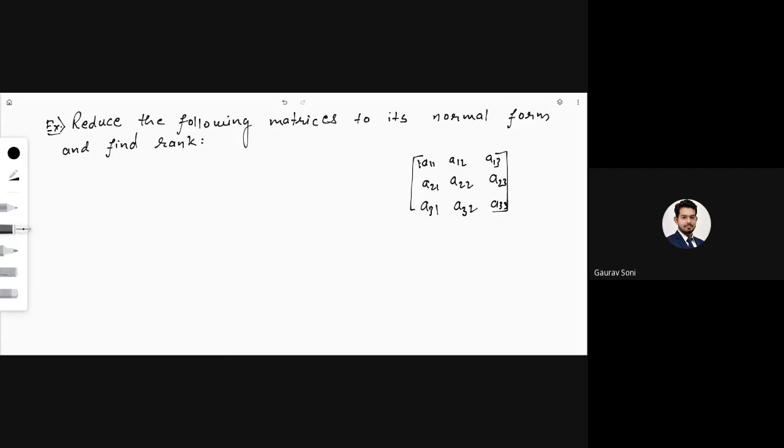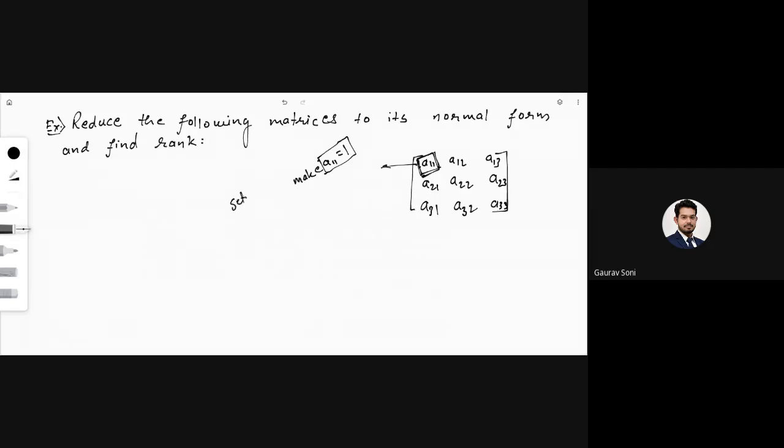First of all, make this entry 1, A11. A11 is equal to 1. The best choice is adding or subtracting two rows or interchanging. So my first task is, at the A11 position I should get 1.